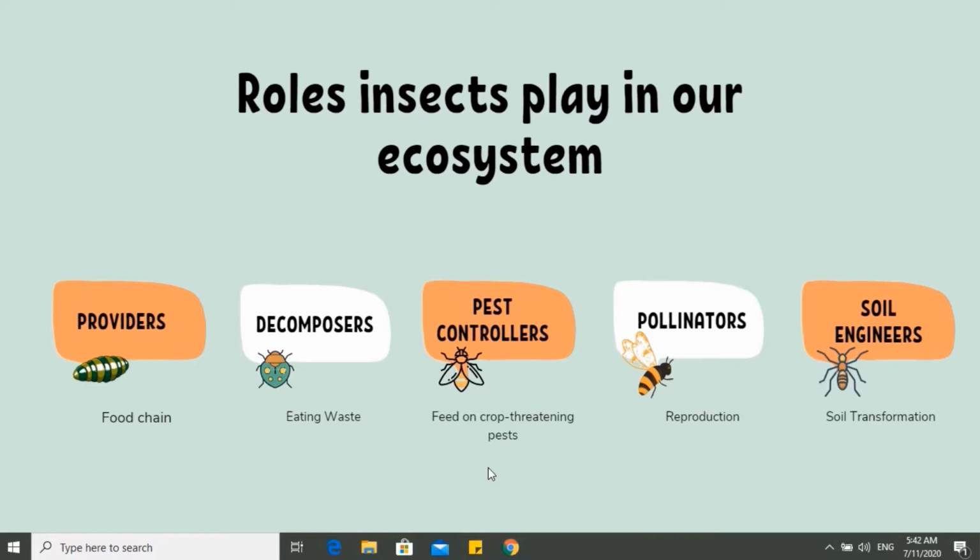Pollinators play a vital role in the reproduction of food for animals and humans, and also for plants, because they help in transferring the seeds everywhere. For example, bees help in pollinating the flowers and the plants. So that's why 2/3 of the food that we eat comes from their activity.